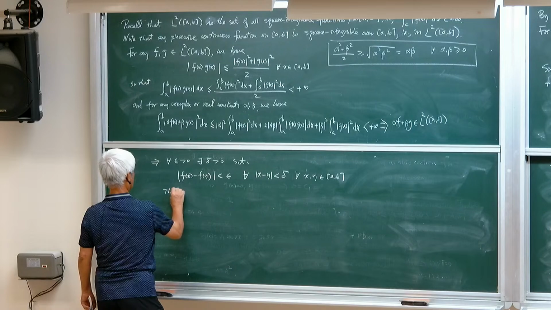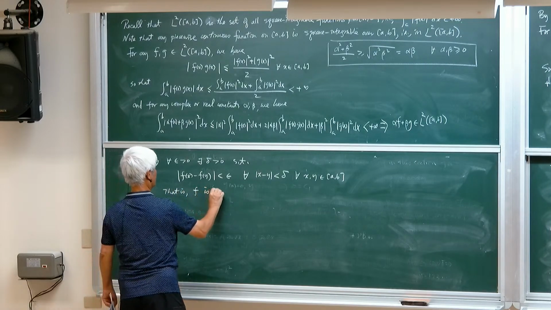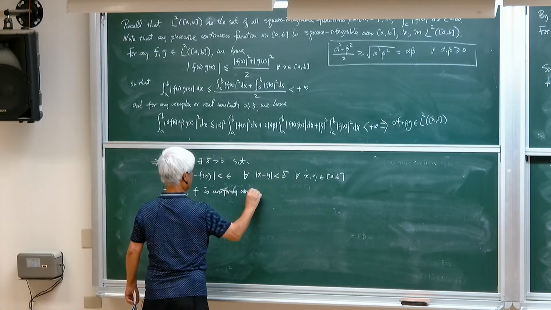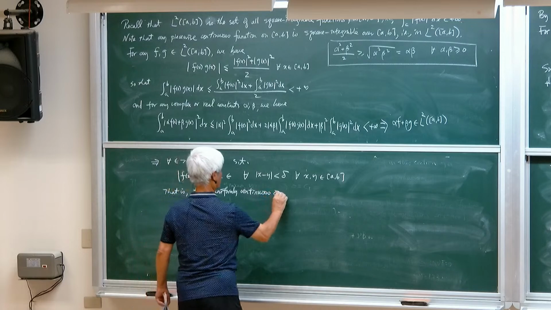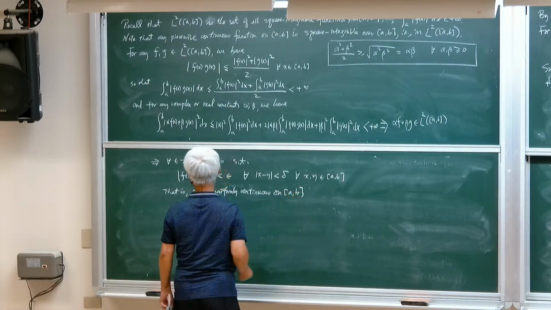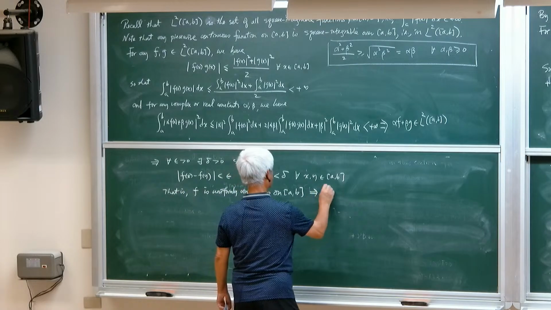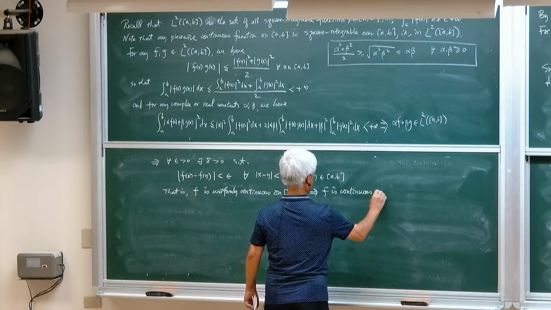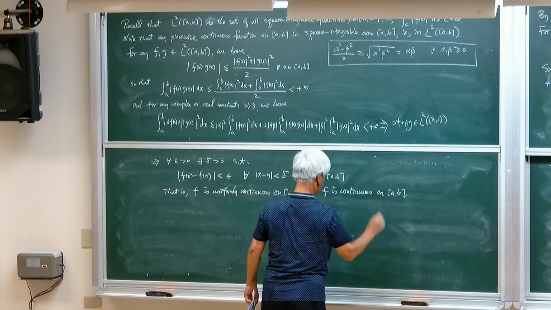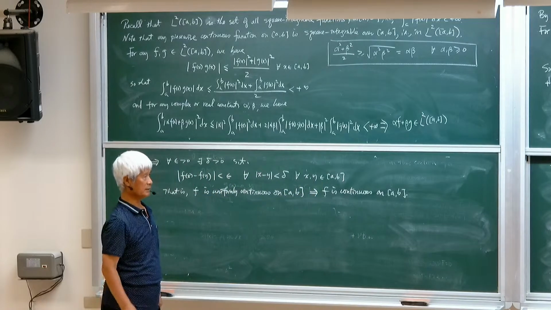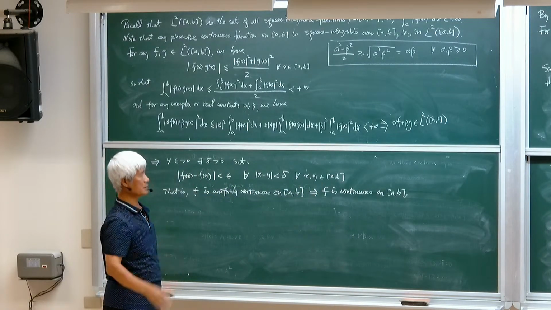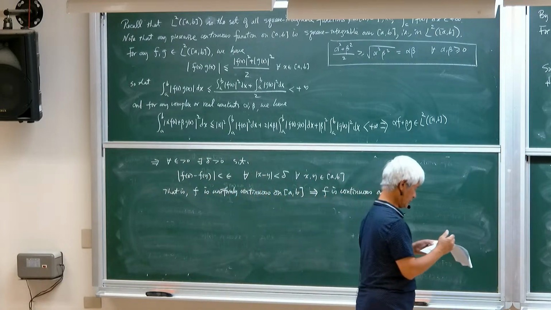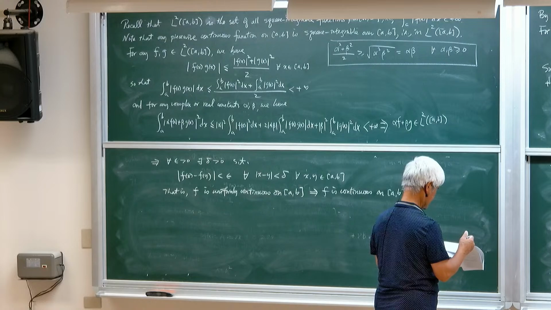That is, f is uniformly continuous on [a, b], and so this implies that f is continuous on [a, b]. So absolutely continuous functions must be uniformly continuous functions. This is a very, very strong condition.